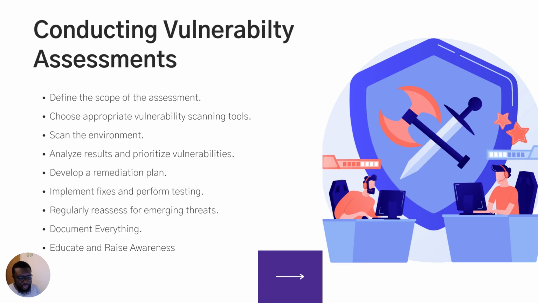And then, of course, we implement the fixes and test to validate that the fixes have been implemented properly. And then we have to regularly assess for emerging threats. And of course, it's very important to document everything, and we need to educate and raise awareness, help people understand why this is important, but also help them understand what they need to do.